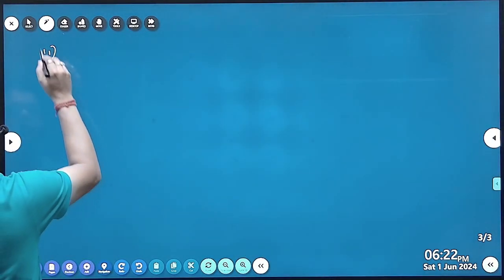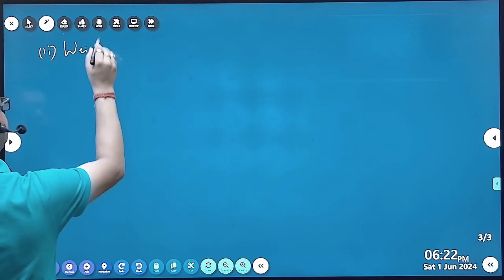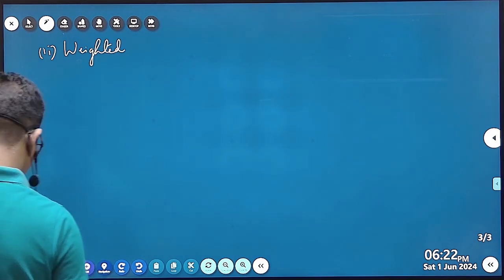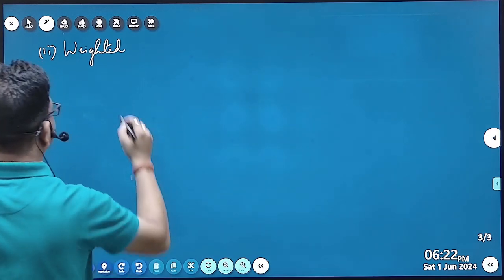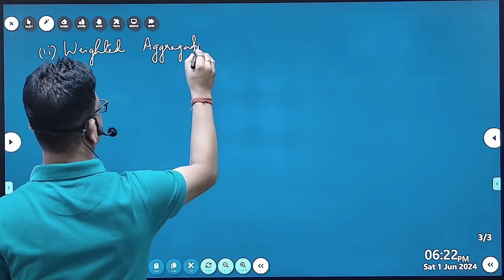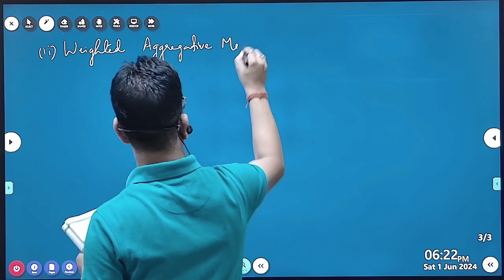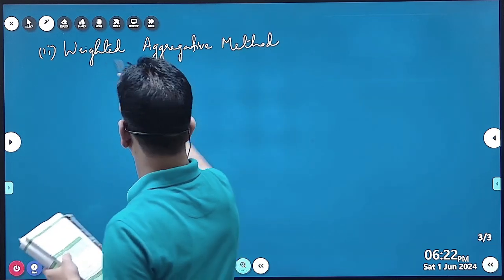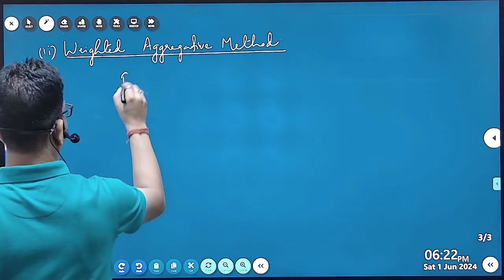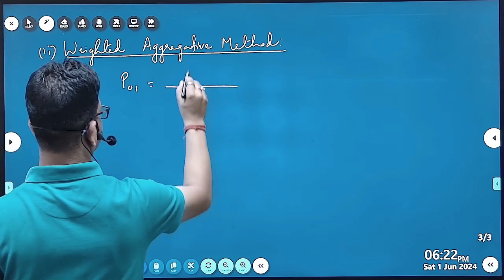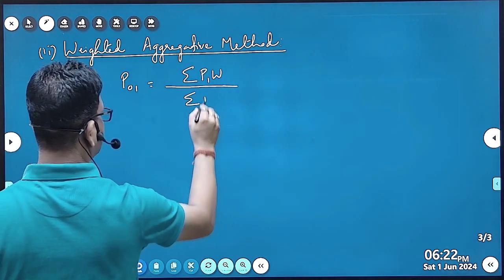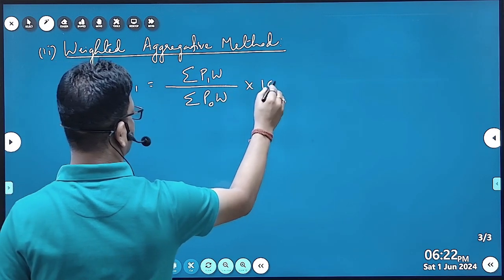Number 2, weighted. Weighted question we did before also. Weighted price in aggregative method to find price indices. This is almost similar, P01, but this is now summation of P1 W by summation of P0 W, to be multiplied by 100.